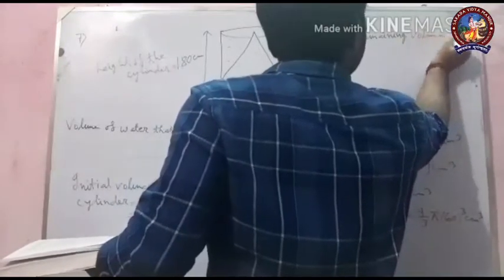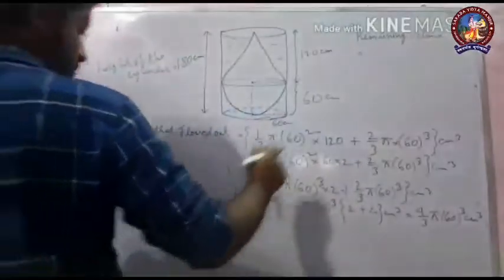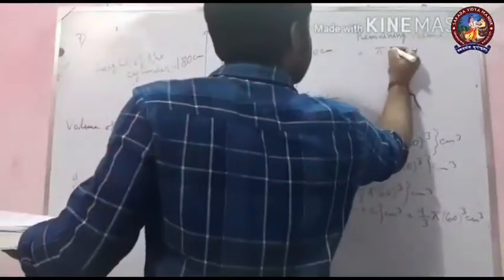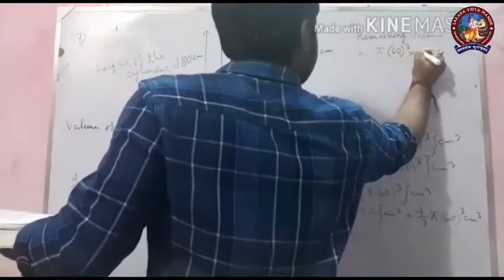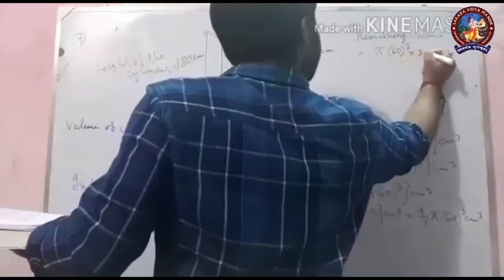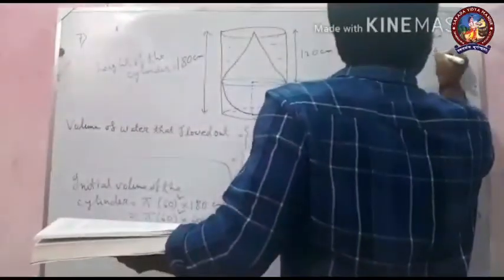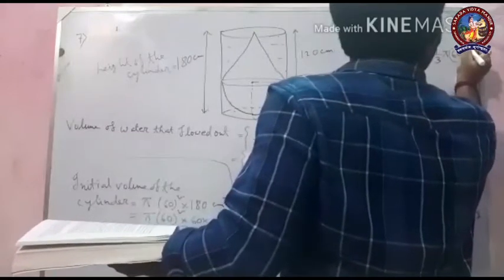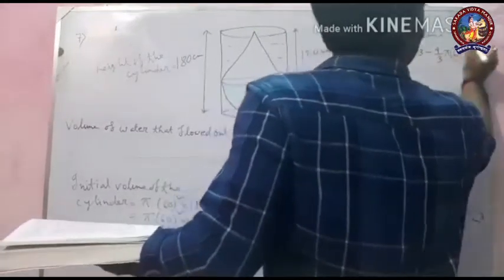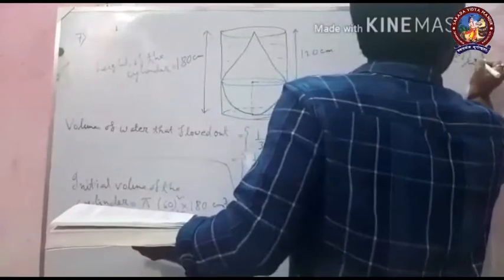Remaining volume: pi 60 cube into 3 minus 4 by 3 pi into 60 cube, centimeter cube.